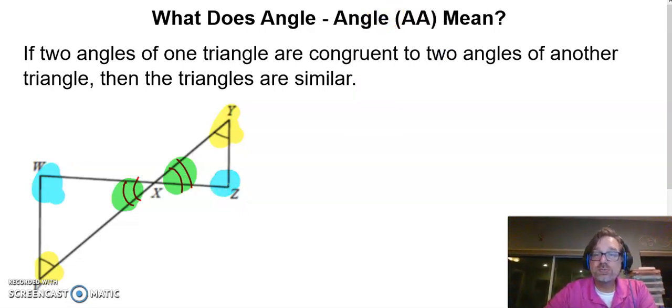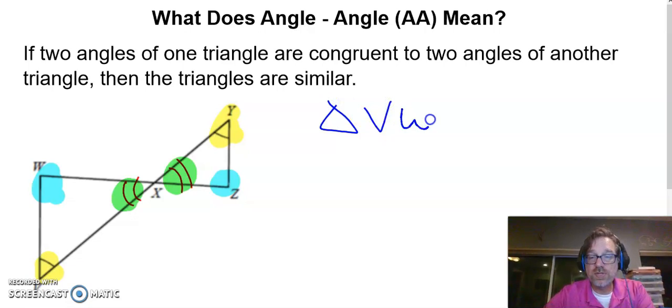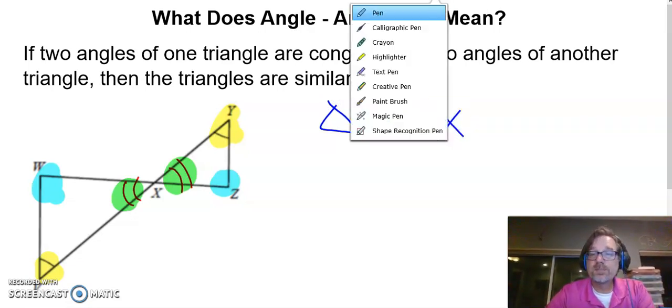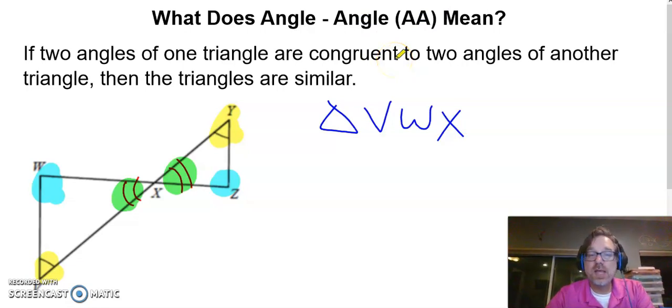So I am going to write down the first triangle name, triangle. I like to put the first one in alphabetical order because why not? VWX. And VWX is in the order of yellow, so I need a yellow, blue, and green.